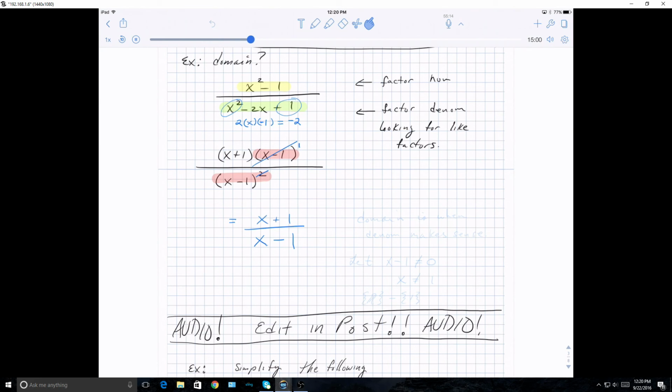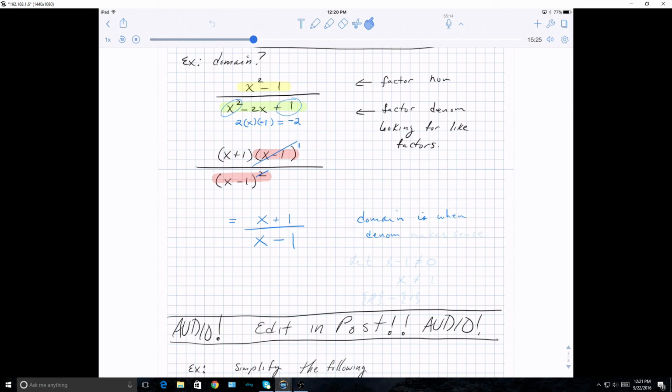So what's the domain for this? Well, the domain, remember, is when the denominator makes sense. When the denominator is equal to 0, the domain does not make sense.